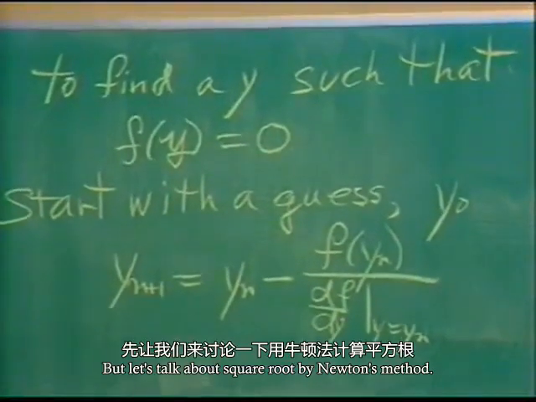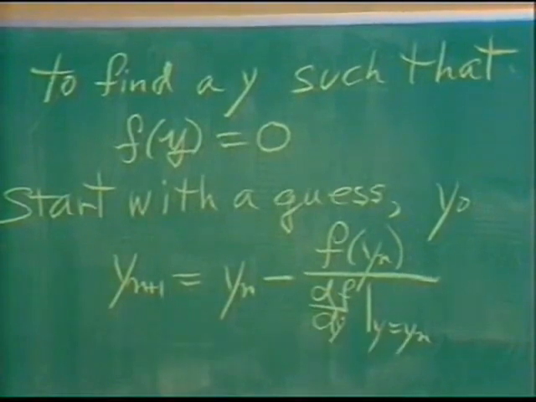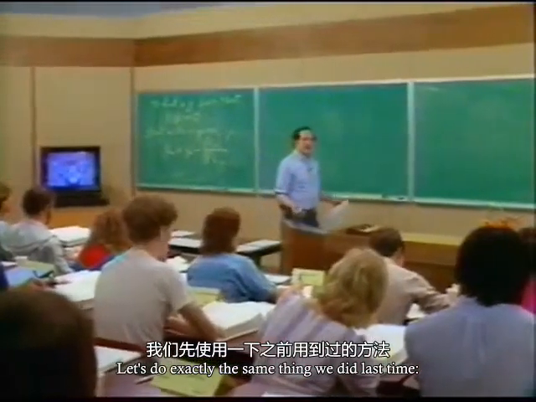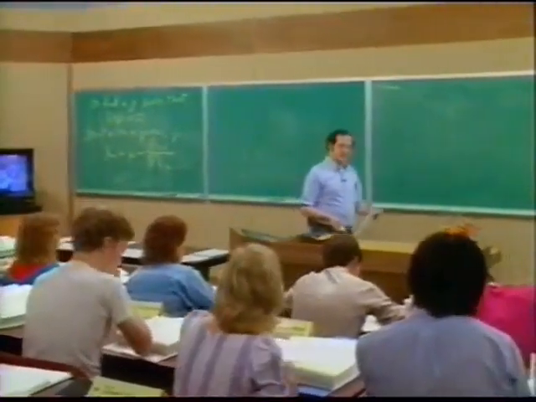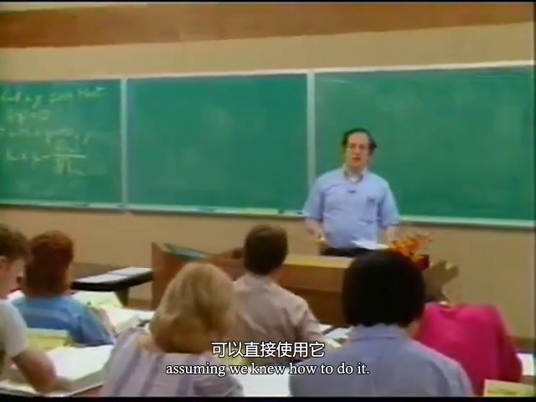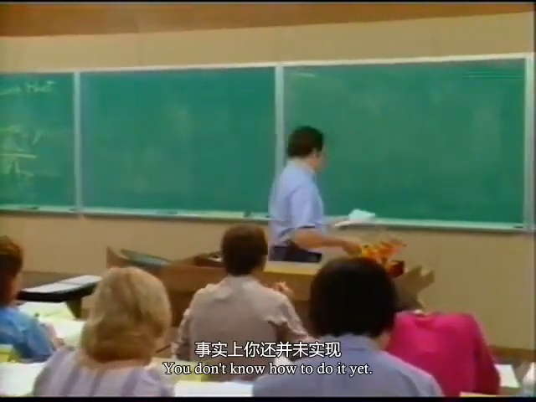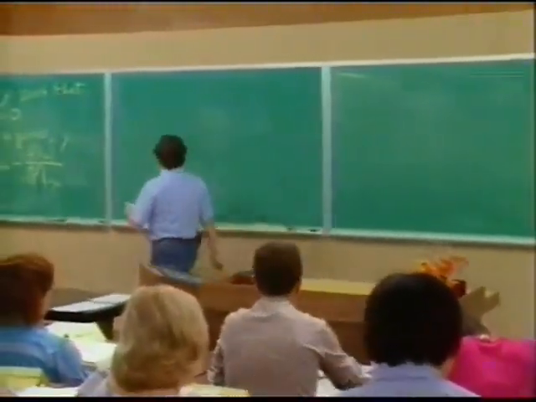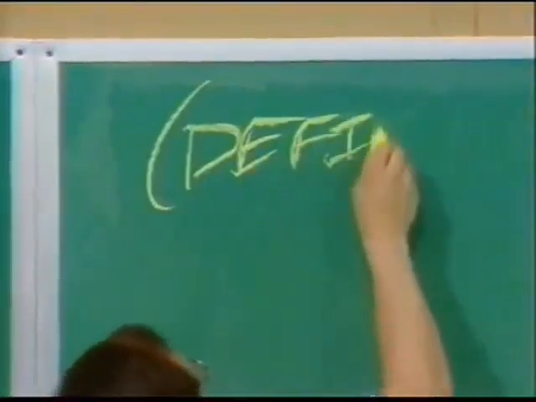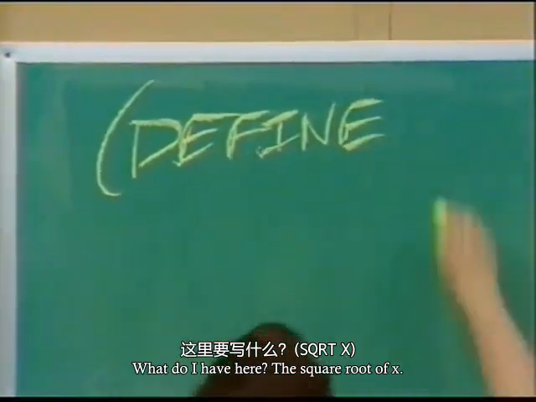But let's talk about square root by Newton's method. Well, that's rather interesting. Let's do exactly the same thing we did last time. A bit of wishful thinking. We will apply Newton's method, assuming we knew how to do it. And we don't know how to do it yet. Well, let's go. What do I have here? The square root of x.